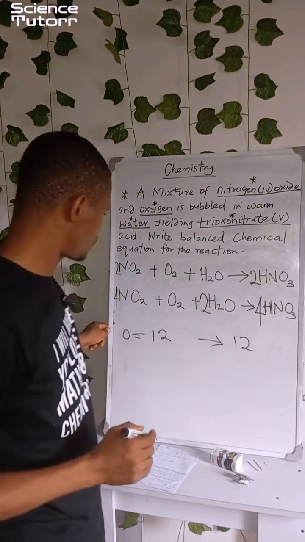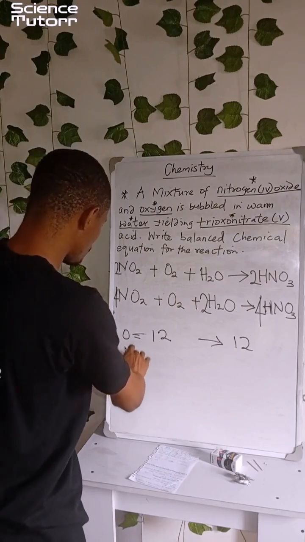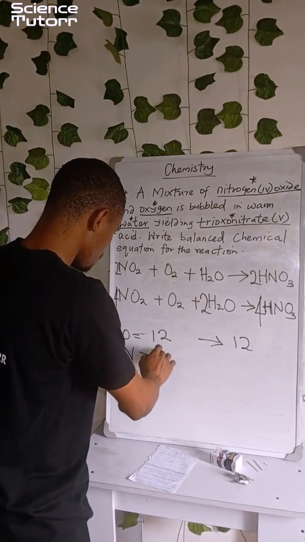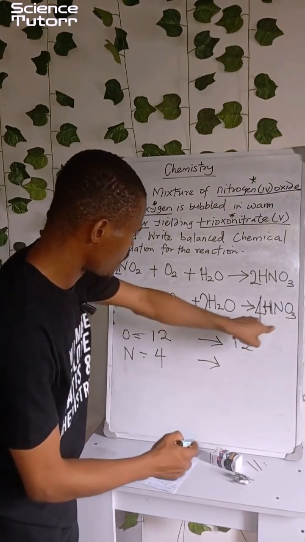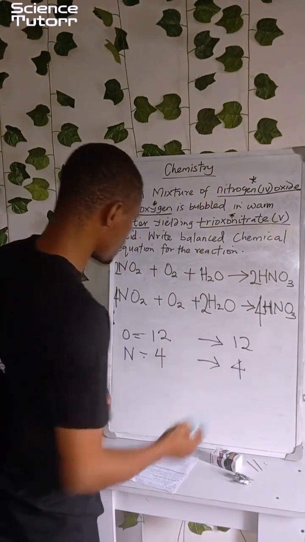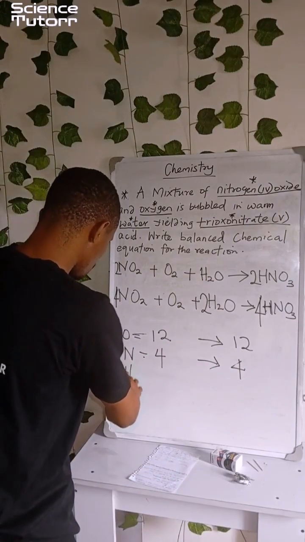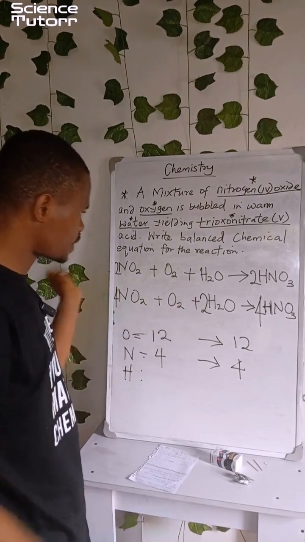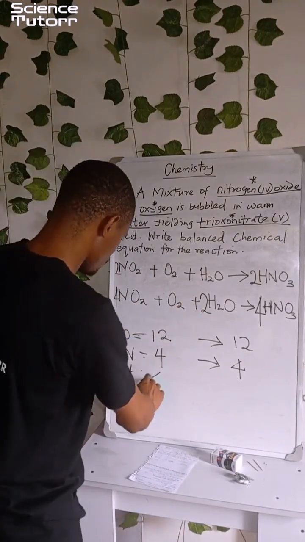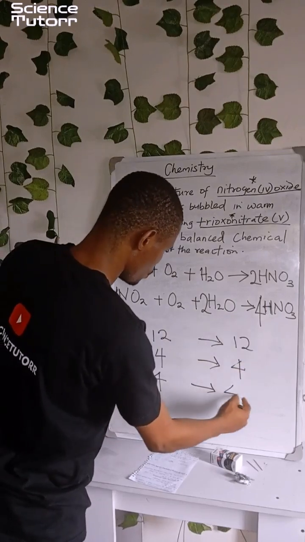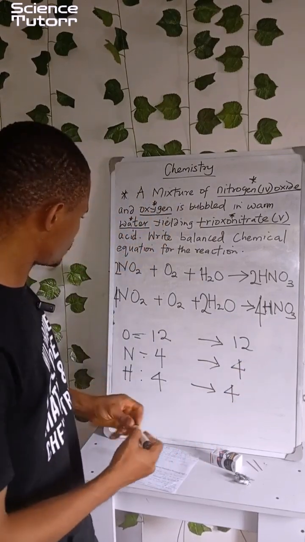So oxygen is balanced. Nitrogen on the reactant side, I have 4. On the product side, I have 4. It is balanced. Then finally, for hydrogen on the reactant side, I have 4, while on the product side, I have 4. So it is balanced.